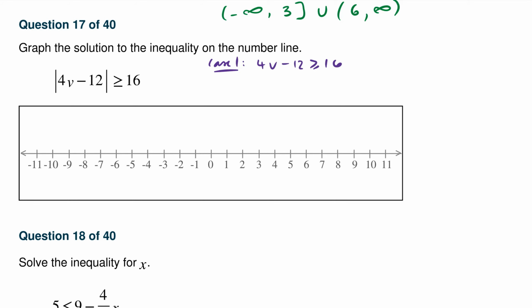And we need to know this thing: is this problem and or or? So let me finish this really quick. Case 2, we will have 4v minus 12. We have to flip the inequality sign to less than or equal to and change the sign of the constant, so positive 16 turns into negative 16.